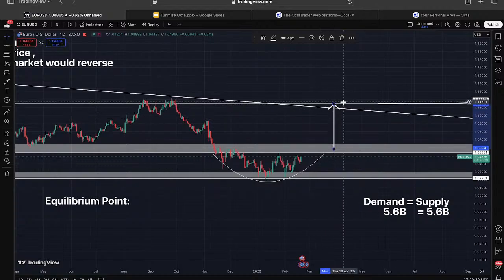This would be our first target level. So we want to wait for this curve to be complete, price closes outside and above this support zone, and then we buy. And that's it.